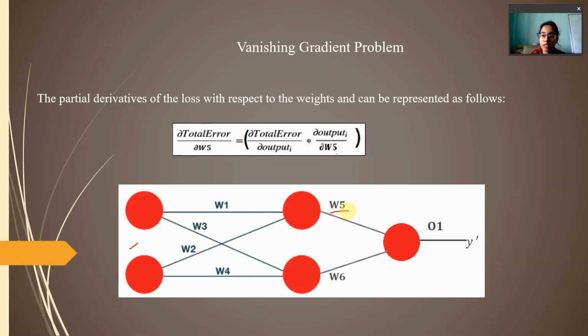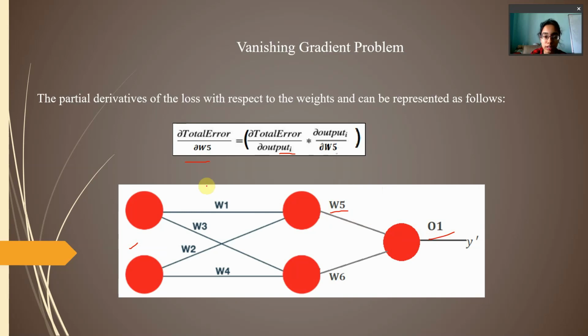The derivative term in the weight updation formula will be given like this: del L by del W5, or the partial derivative of loss with respect to the weight W5, will be equal to del L by del output I, which here will be O1, because the loss function is getting affected by the output O1, multiplied by del output I, that is del of O1 by del of W5, because the output O1 is getting affected by the weight W5.